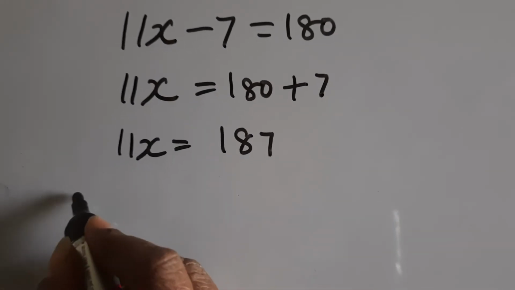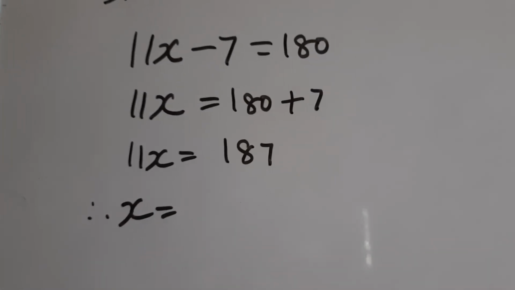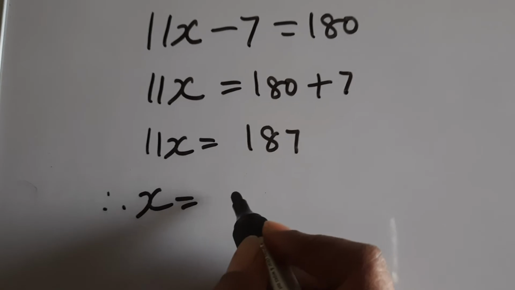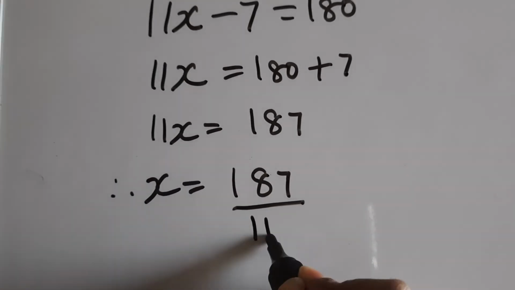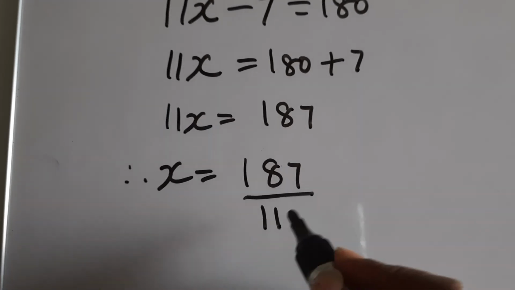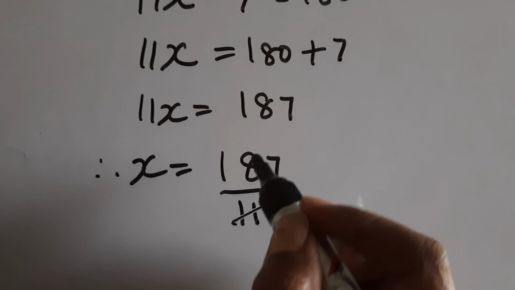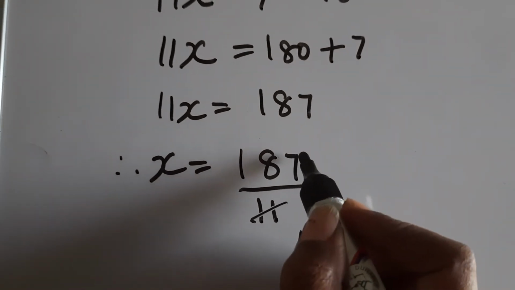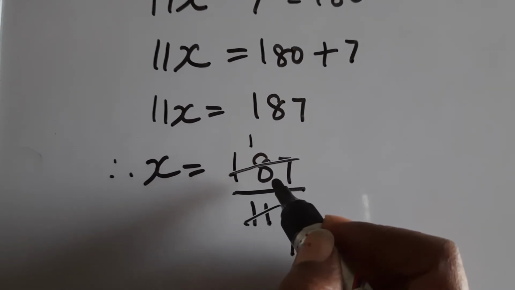Now only x is remaining here. X is equal to, as you know, 11x means it is 11 into x. So when it goes to the right hand side, it will become division. So 187 upon 11. 11 ones are 11. 11 twos are 22. So we will take 11 ones only, children. So from 18 you are minusing 11.